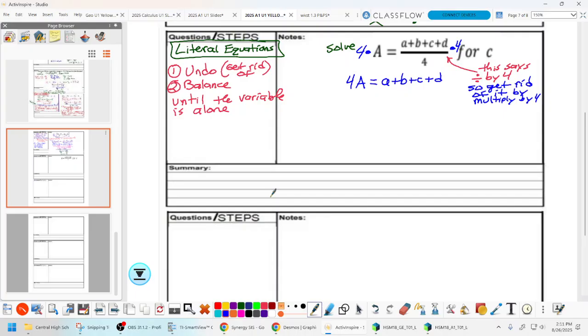Alright. Now how do you get rid of all those other letters? Again, we're not trying to find C's value, we're just trying to get it by itself. Diego, what do you think? How would we get rid of A, for example? Little a.